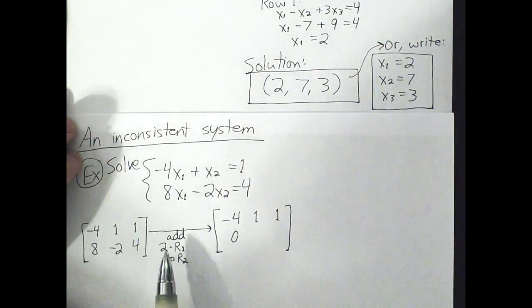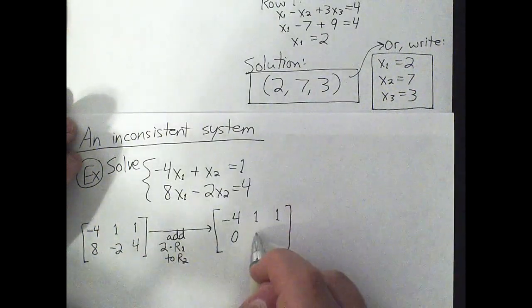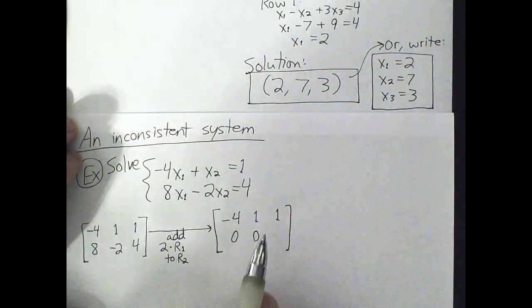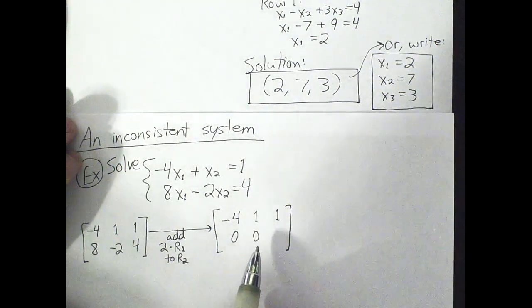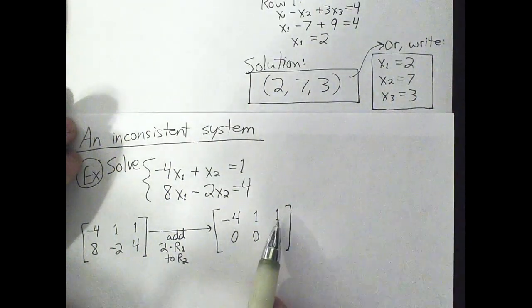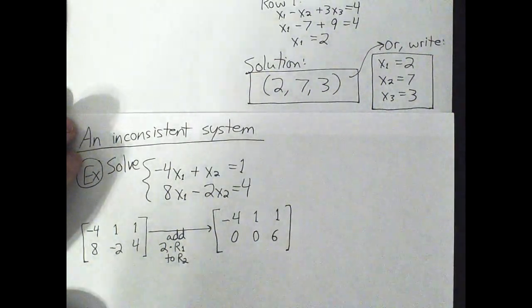So, okay, let's do it. 2 times 1 is 2. That gets added to the -2 that was here. That becomes a 0. I wasn't necessarily trying to turn this one into a 0, but it happened anyway. 2 times 1 is 2. That gets added to 4 to give us 6.